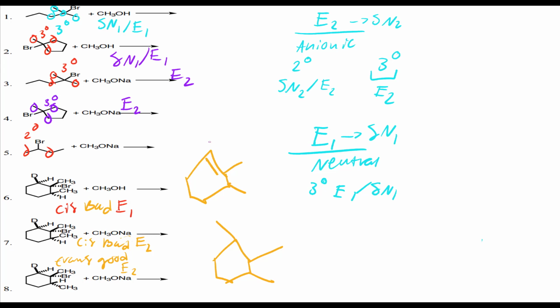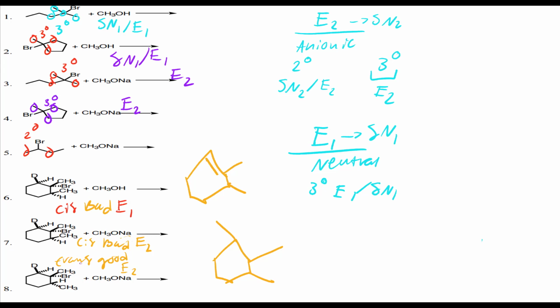So to really set you straight, I'm gonna just kind of recap. So whenever you have cis, that's gonna be bad for E1 and E2. You cannot put your double bond up or down. However, since we're working with deuterium, that's kind of like a weaker hydrogen, you're gonna put your double bond upwards, and that double bond is gonna eliminate the deuterium. Okay, it's gonna eliminate the deuterium, right?